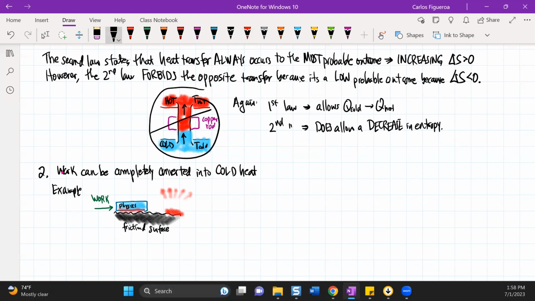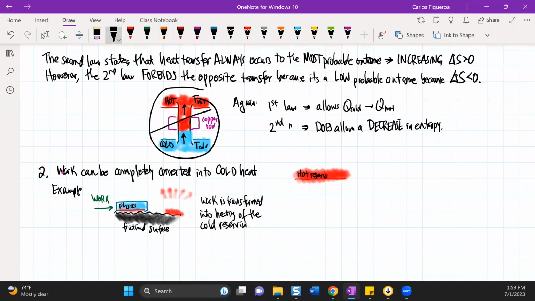So what I'm saying here is that the work is transformed into heating of the cold reservoir. So then my picture has to look something like this. Here, there was no heat put into the system, so my hot reservoir is not really part of the picture.